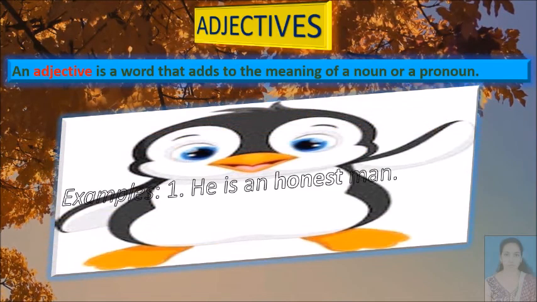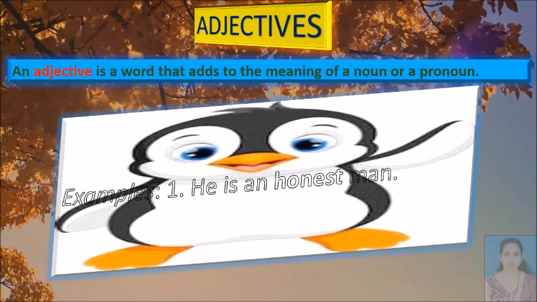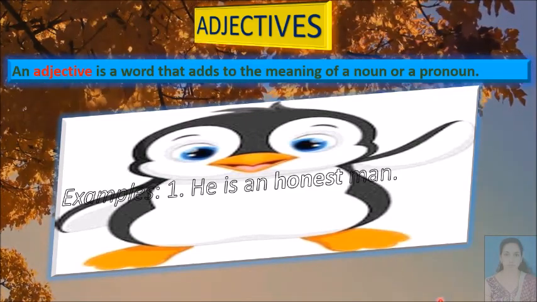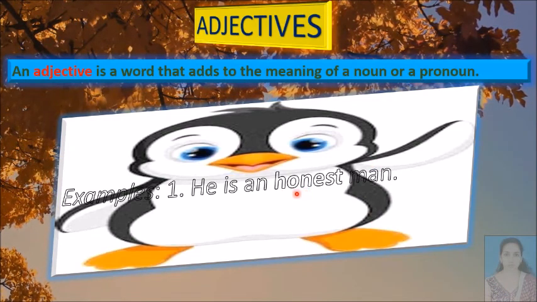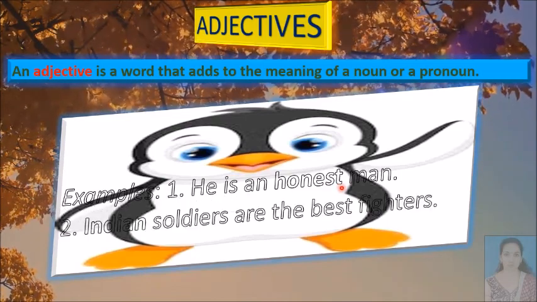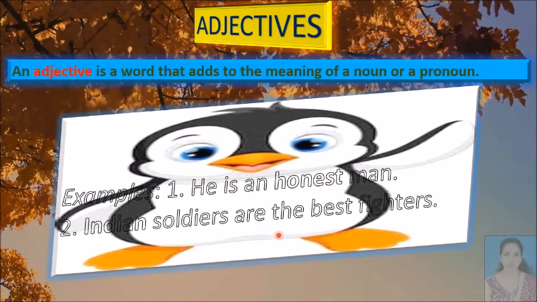He is an honest man. What kind of a person? When we ask, we get the answer as honest, telling more about the man. So here honest is an example of adjective. Indian soldiers are the best fighters. Which soldiers?